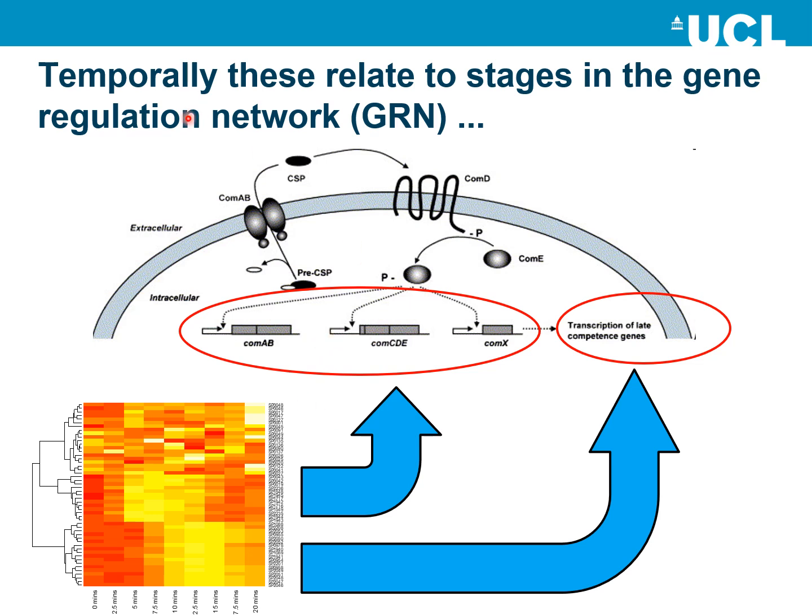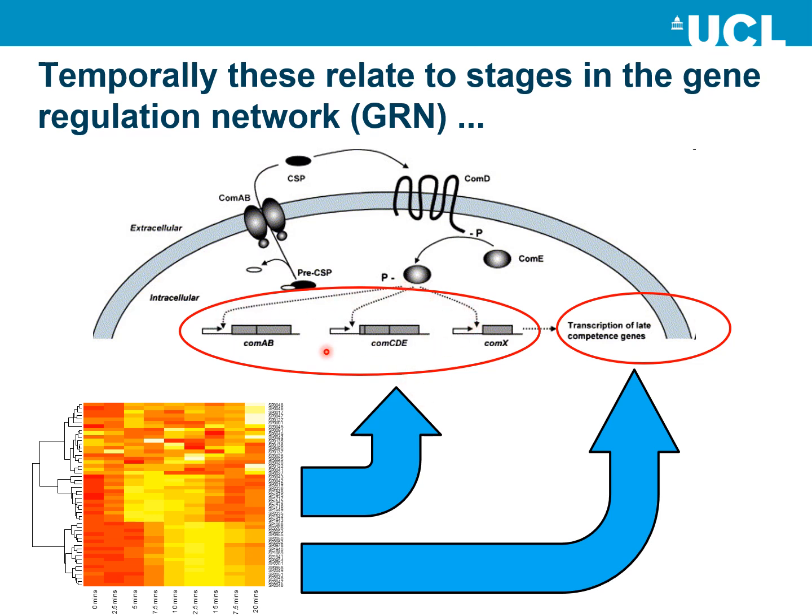So how does this omics data, this transcriptomics data, relate to the biological network? Well, what the experiment has done is that it's added CSP. This will have activated the ComD receptor on all of the bacteria, and this would have then phosphorylated the ComE protein and activated the signaling pathway, turning on all of these genes.